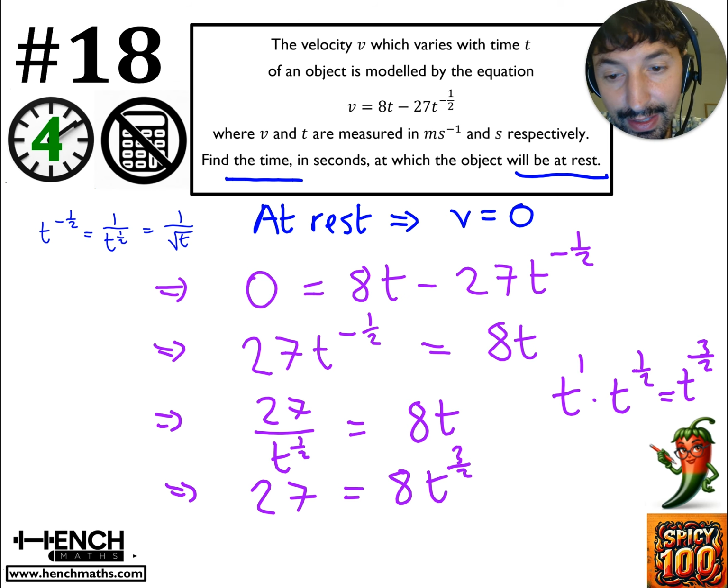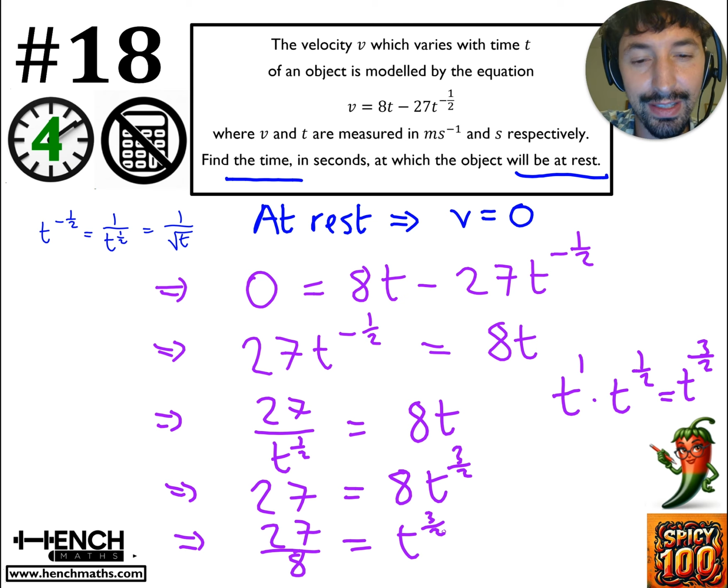And then you could say that 27 divided by 8 is equal to t to the power of 3 over 2. So now we need to think, how do we undo that? What's the reverse of t to the power of 3 over 2?